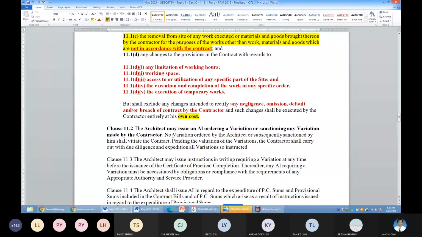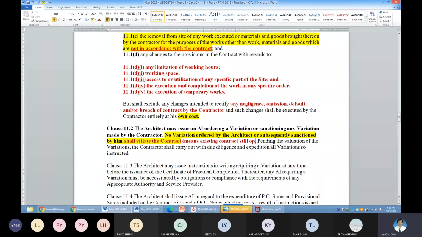It means a valid variation ordered by the architect shall not reshape the contract, meaning the contract is still operational.